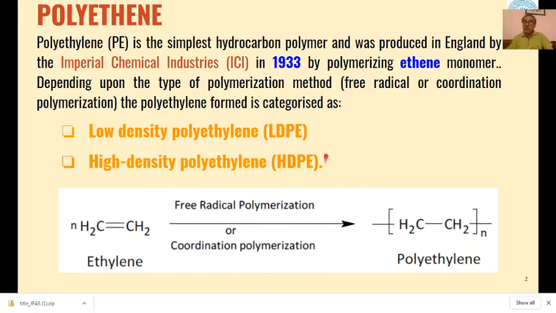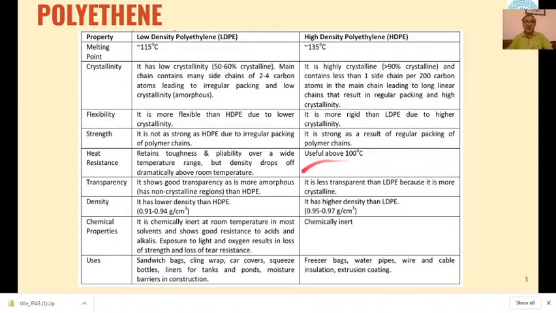There are appreciable differences between the properties of these two polymers, LDPE and HDPE. For example, as far as melting point is concerned, LDPE has a melting point of approximately 115 degrees centigrade, whereas HDPE melts at about 135 degrees centigrade.